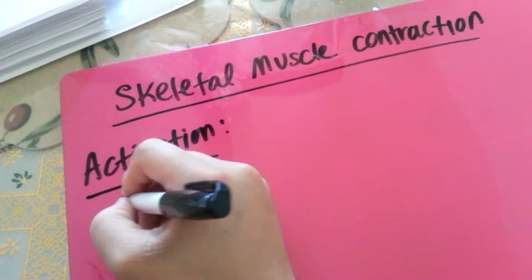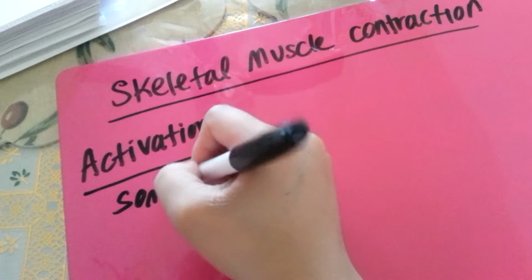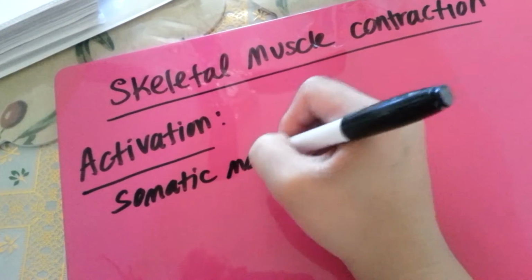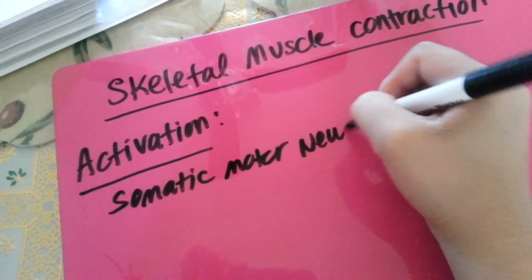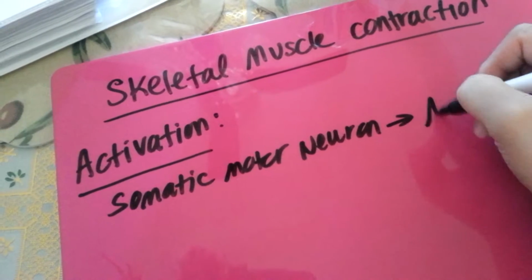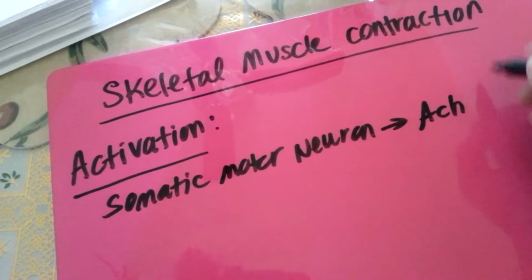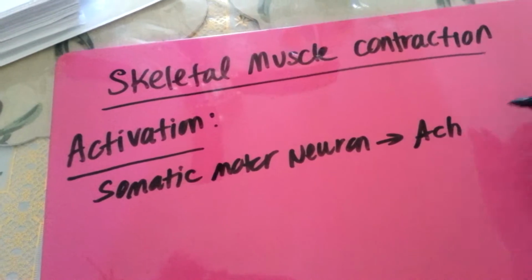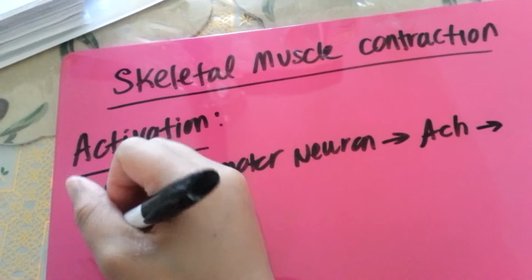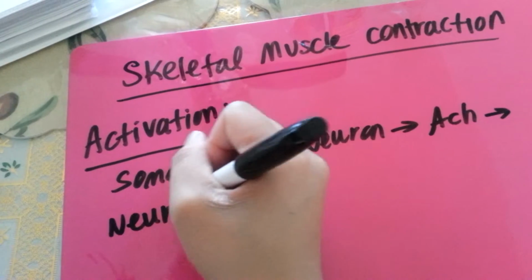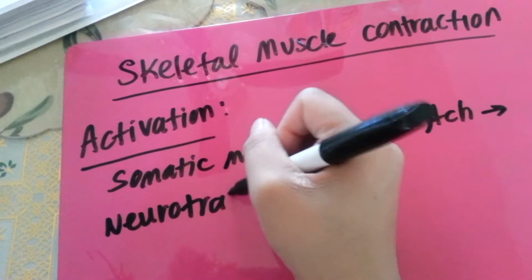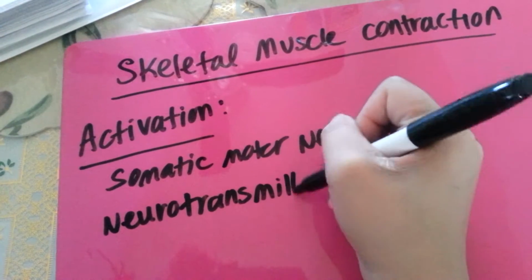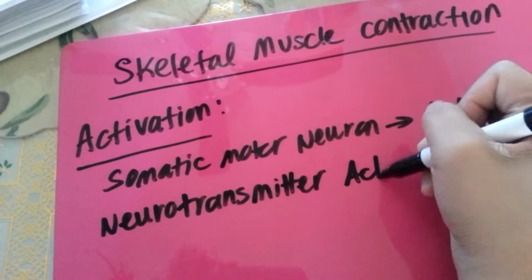Basically, that's the somatic motor neuron releases ACH into the neuromuscular junction that causes the neurotransmitter ACH.